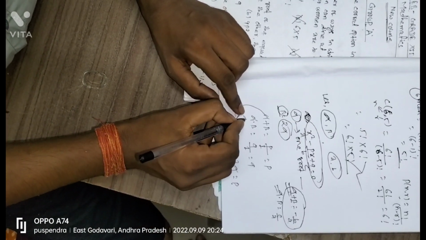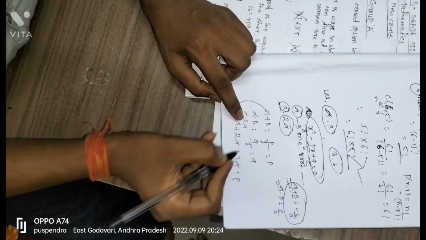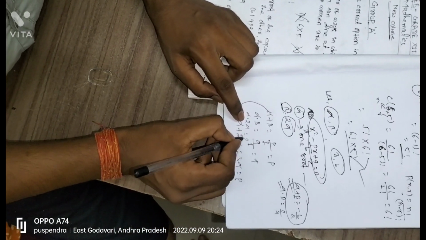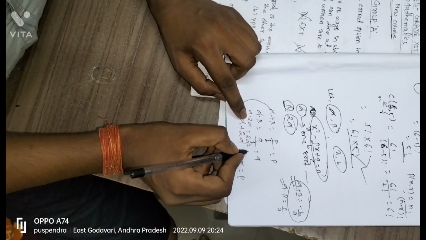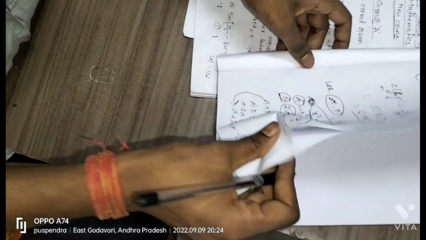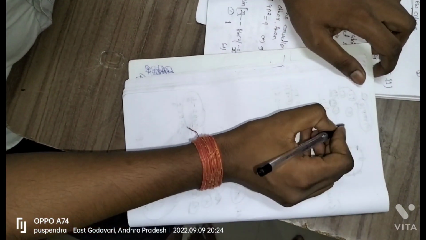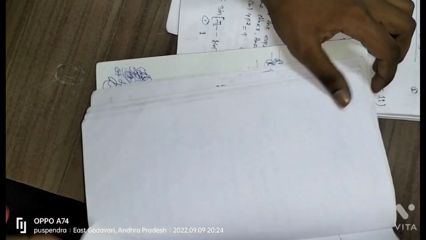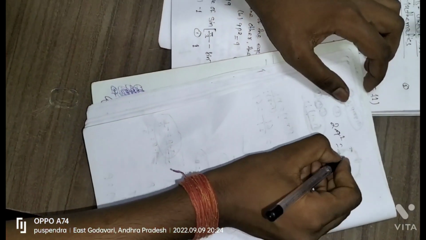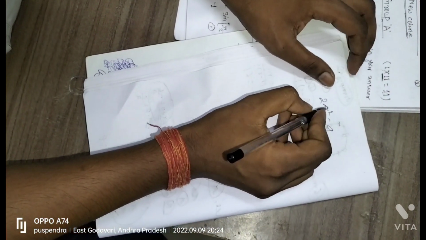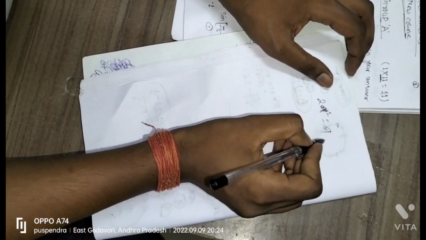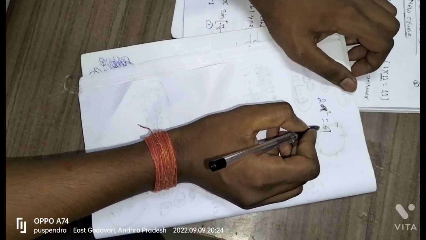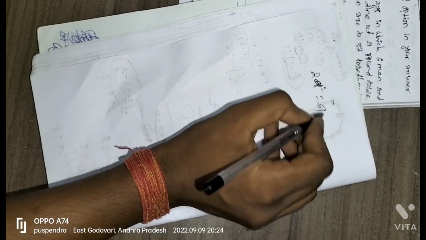And alpha into 2 alpha equals 2 alpha square, which equals q. So 2 alpha square equals q.